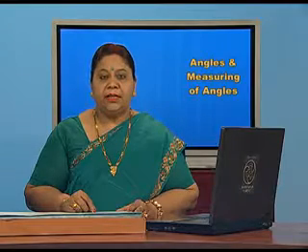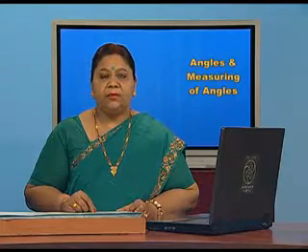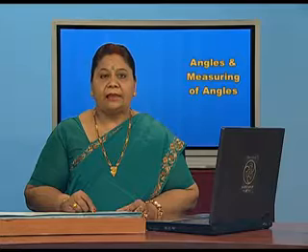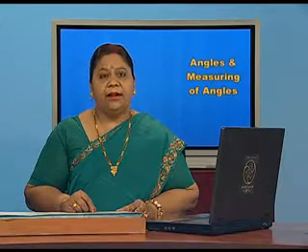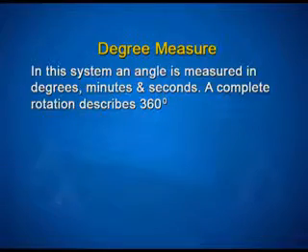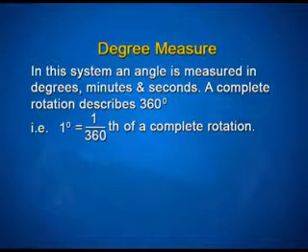Now, we shall discuss the systems of measuring angles. Firstly, degree measure. In this system, an angle is measured in degrees, minutes and seconds. A complete rotation describes 360 degrees, that is, 1 degree is equal to 1 upon 360th of a complete rotation.